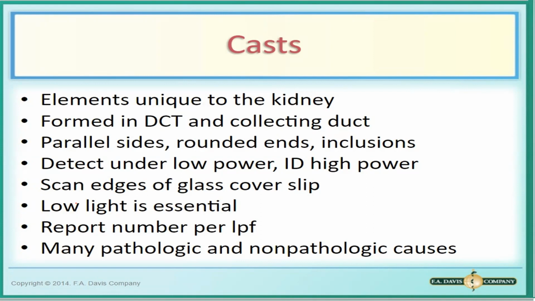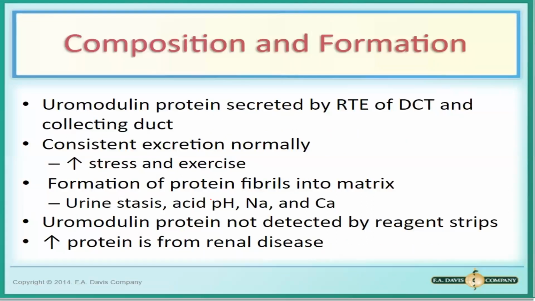Okay. Composition of casts. The composition is made up of uromodulin. Uromodulin is another name for Tamm-Horsfall protein. This one is secreted by the RTE cells in your DCT and collecting duct.